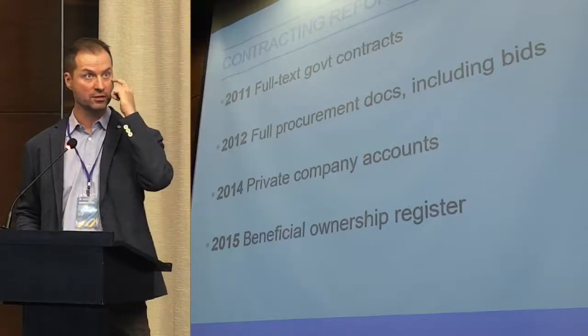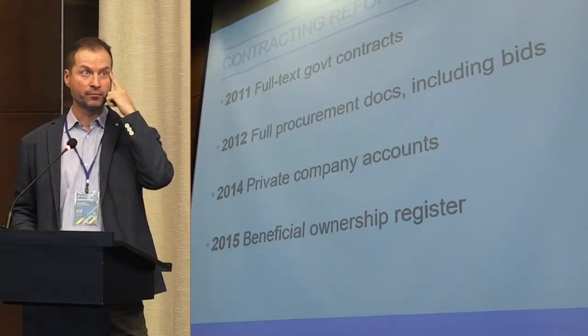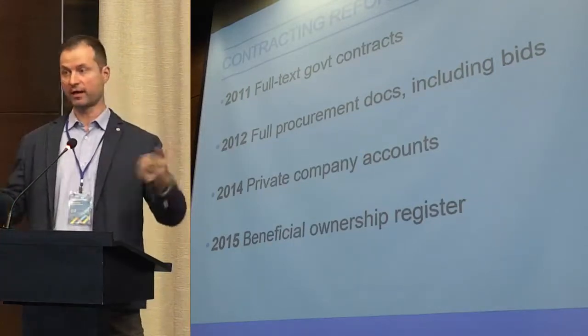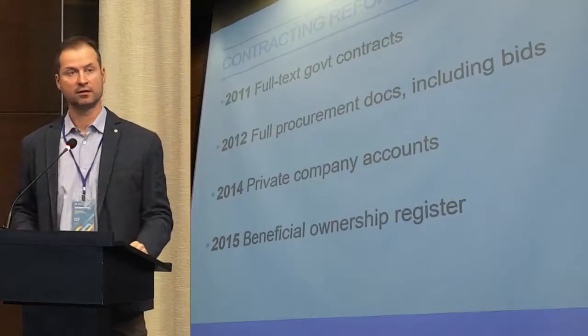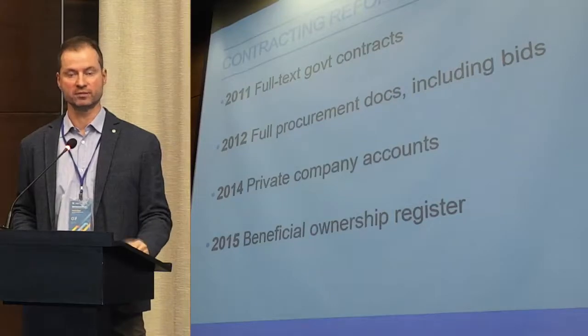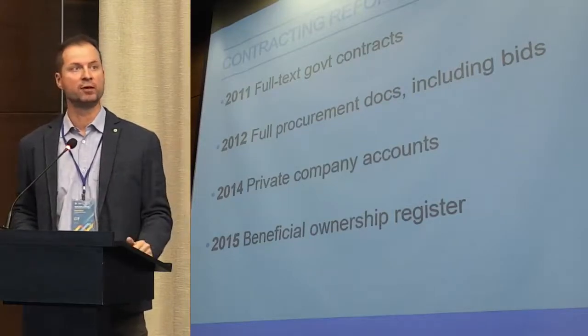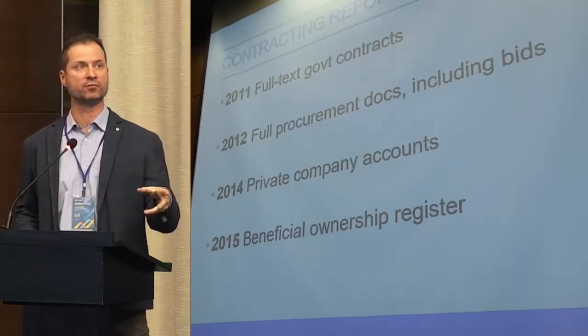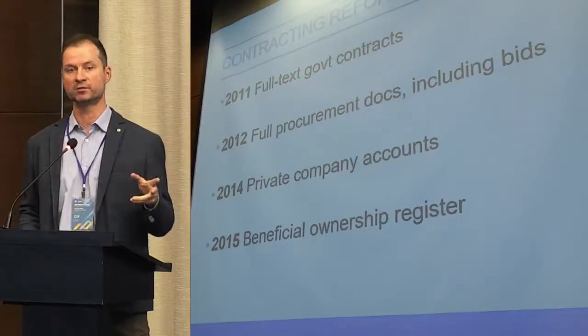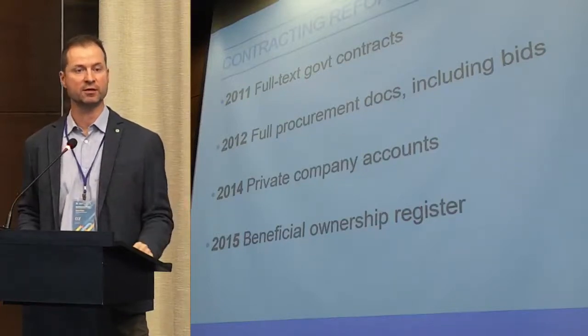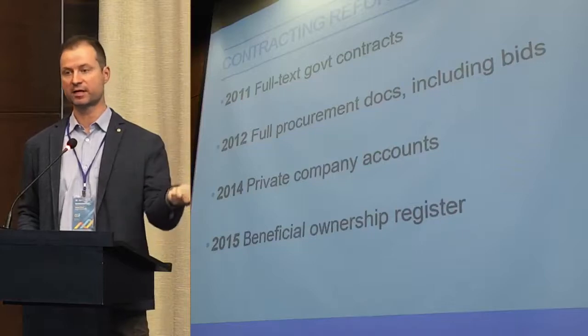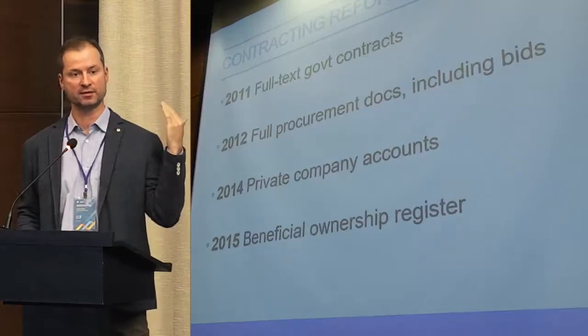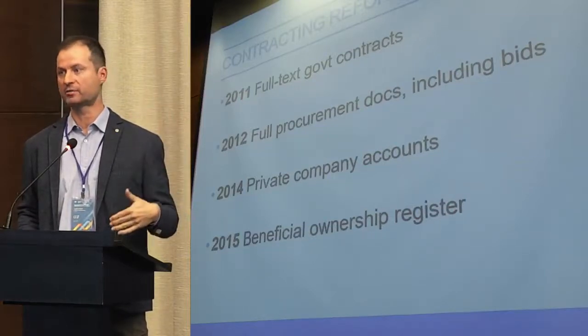From 2014, the tax office is of course collecting all the tax records from all the companies, and from individuals as well, but the ones from the companies from 2014 are being published. So every single company registered in Slovakia that files for taxes, you can get their records, the annual accounts.